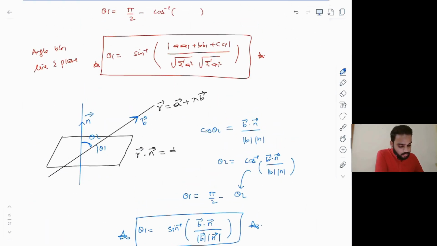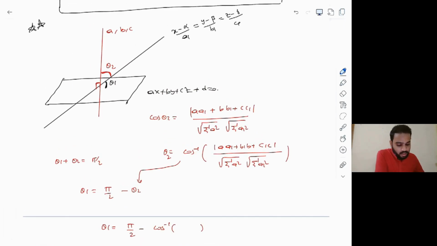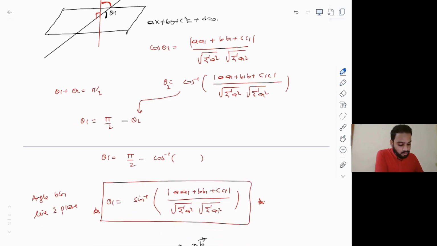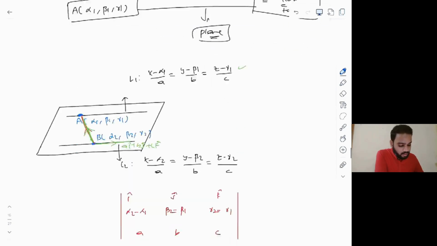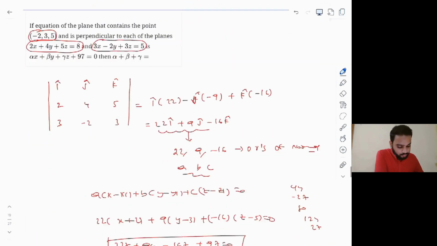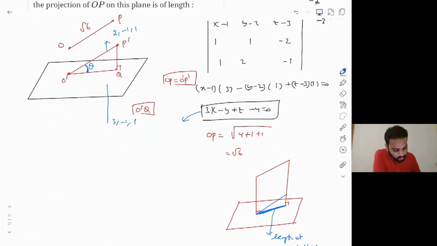Now you have to recall the formula. If you want, I can show you one more time here. Whenever you have the DRs of the plane as A, B, C and the line DRs as A1, B1, C1, you can find theta by using this formula: sine inverse of A A1 plus B B1 plus C C1 divided by this one. Very important concept. So from there I will get sine theta.